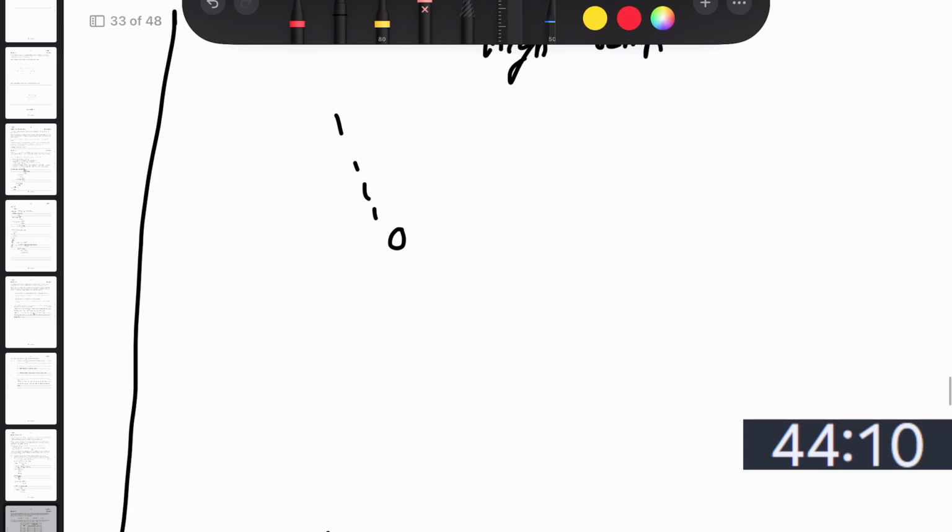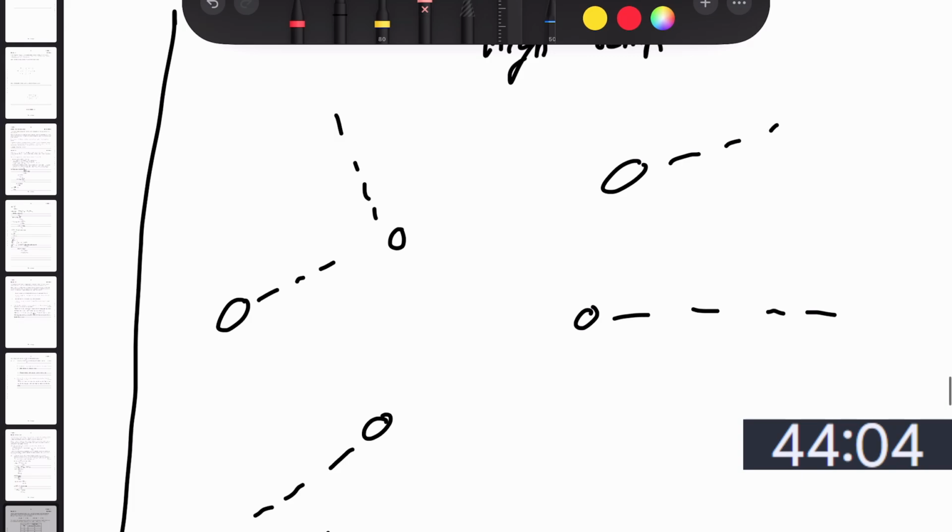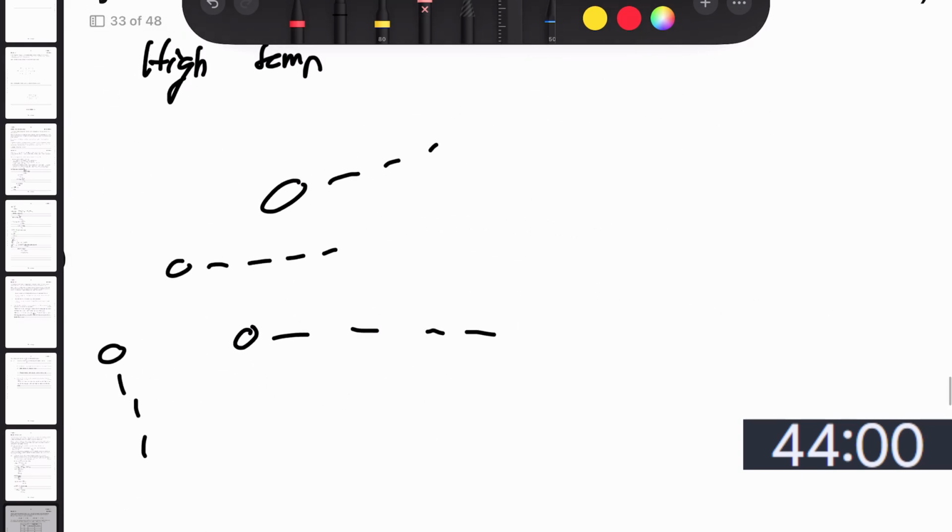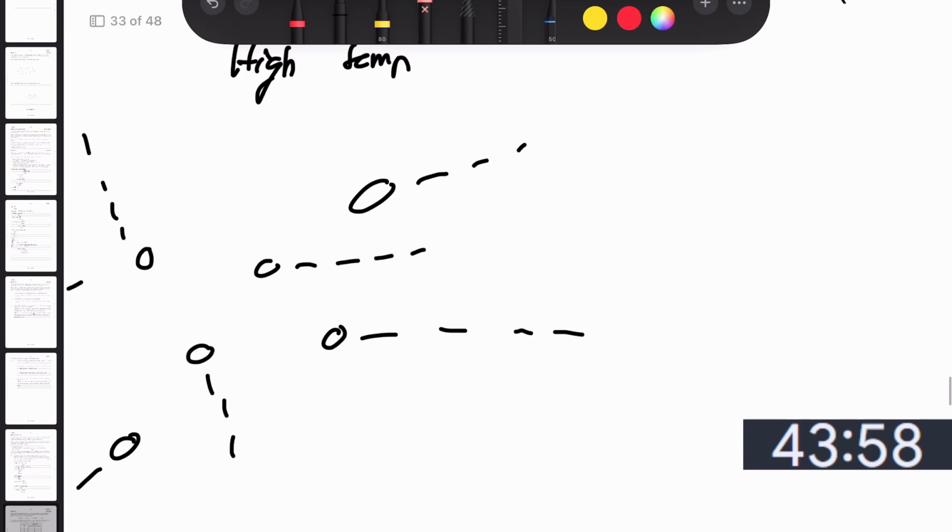See particles whizzing around, like here and here, high velocity particles.